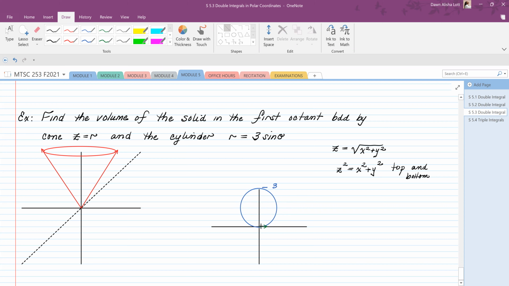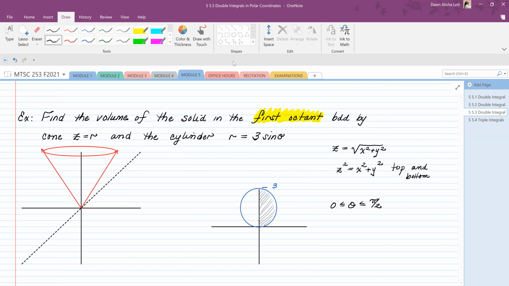But the problem said first octant. So that means I only want the piece that's this. So that says that 0 is less than or equal to theta, which is less than or equal to pi over 2.